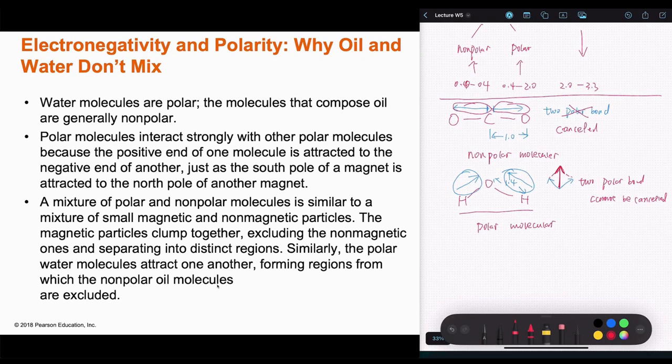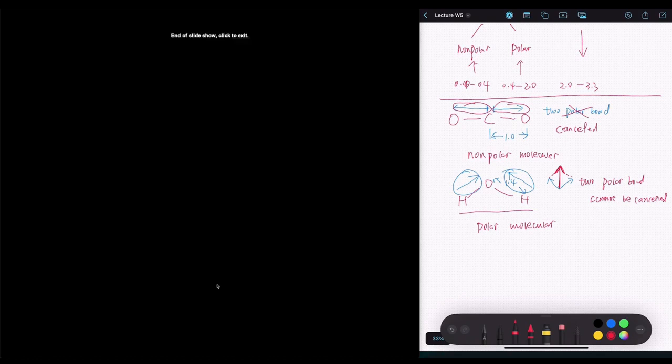So that is the reason why the polar water molecules attract each other, forming a region, while the non-polar oil molecules are attracted to each other and form another region, and these two regions do not mix. Okay, this is the scientific explanation of why oil and water don't mix. So here is the end of our lecture 10, and thank you.